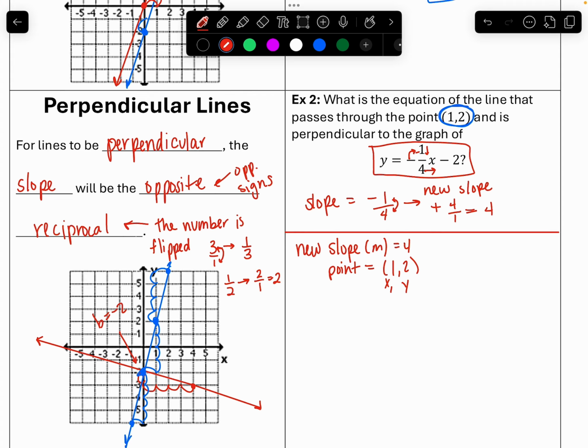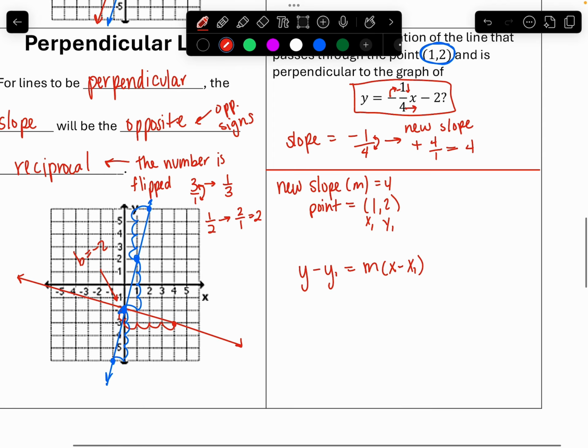Point slope. So we have x1, y1. Y minus y1 equals m times x minus x1. So my y1 will be 2, m is 4, x minus 1.